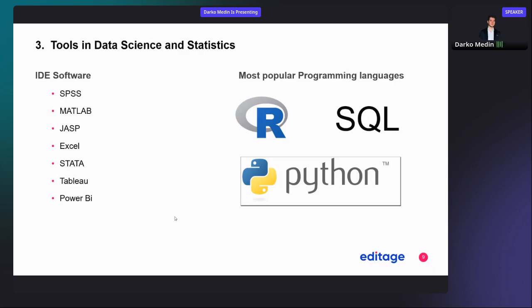But generally, this software or IDEs are used to facilitate the process of performing data science or statistics for non-programmers, right? So whether we're talking, for example, about SPSS, MATLAB, JASP, Excel, Tableau, Power BI, there is much other software which I didn't mention here. Most of them are used somehow to facilitate the process for non-programmers.